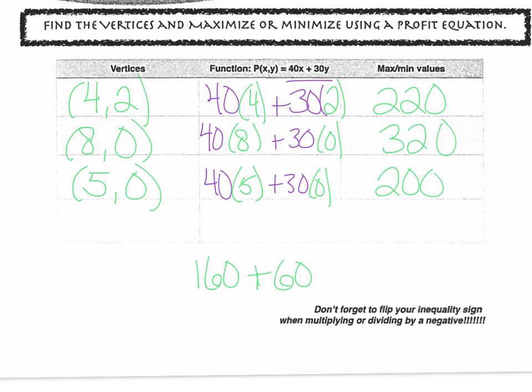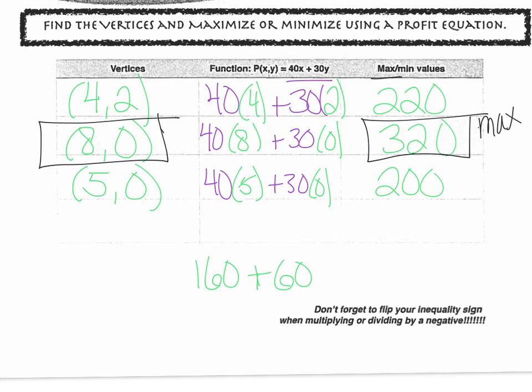Okay? And so from this table, and every time you guys have a situation like this, I really want you to make the table. It makes life so much easier. You just look at the right-hand side and look for, if it's the maximum, the largest value. So 320, that is the maximum, okay? And the point that created that maximum would be 8, 0.